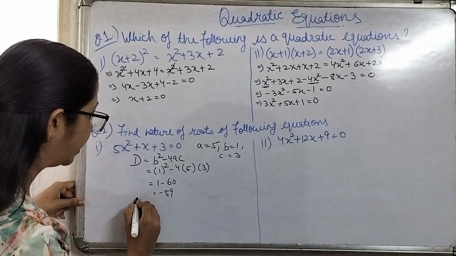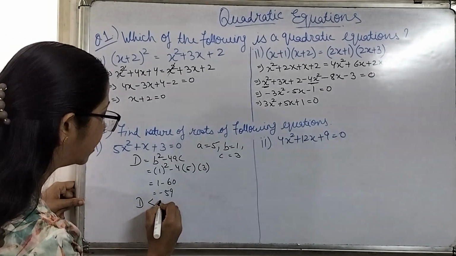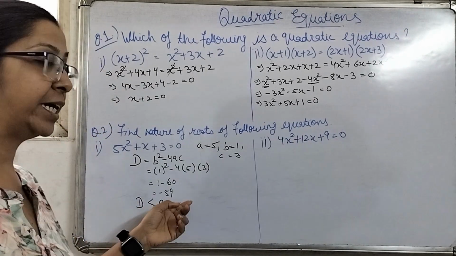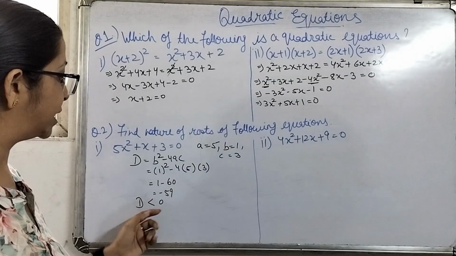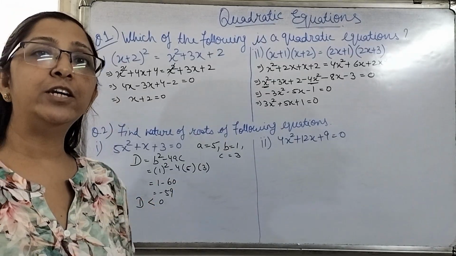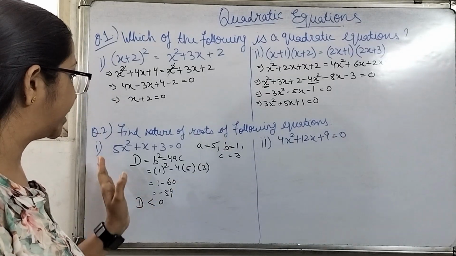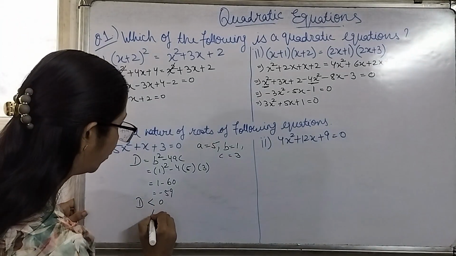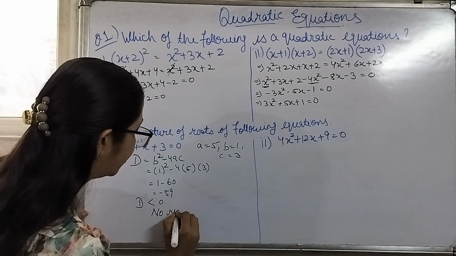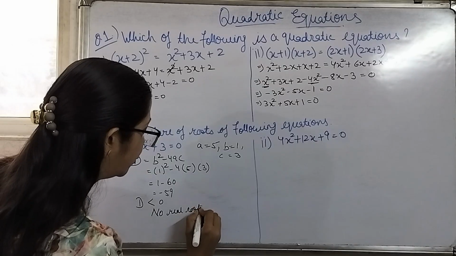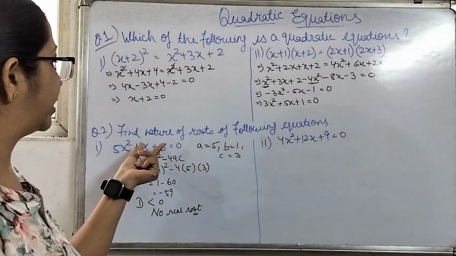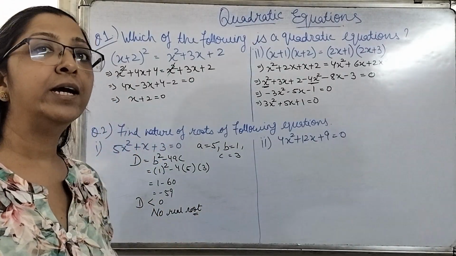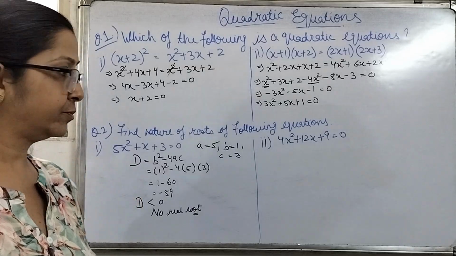So the value of D is less than 0 because it is a negative value. We know that if the discriminant D is less than 0, we won't have any real root. That means this quadratic equation will not have any real root.